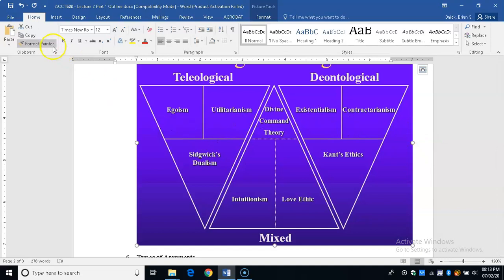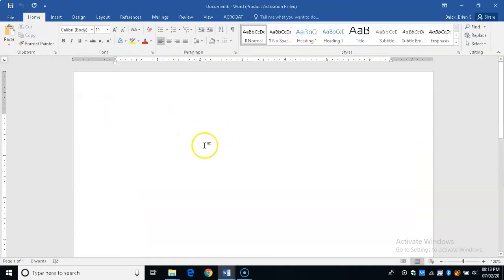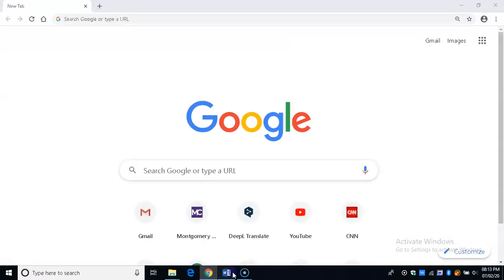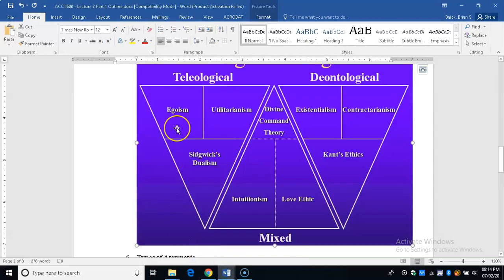And let's start with egoism. Okay, so I'm going to have a Word file here and then egoism. Okay, so egoism is when you're only concerned about the end result for yourself.